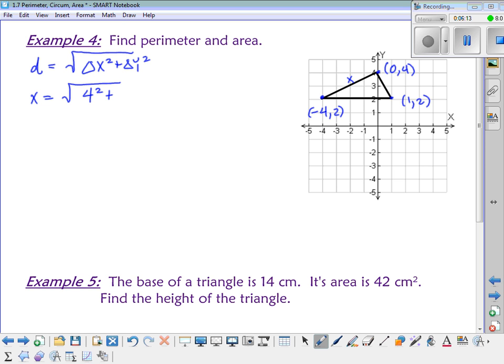And going from 2 up to 4, I went up 2. So the square root of 4 squared plus 2 squared. 4 squared is 16. 2 squared is 4. That adds up to 20, which is 4 times 5. So x would equal 2 root 5.